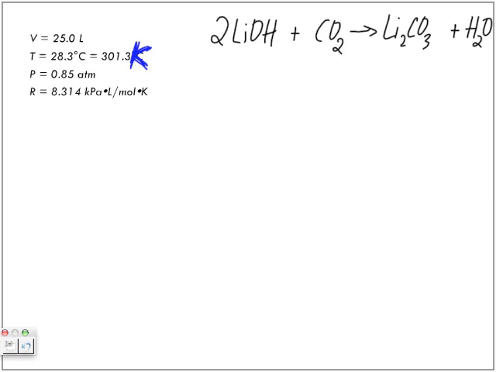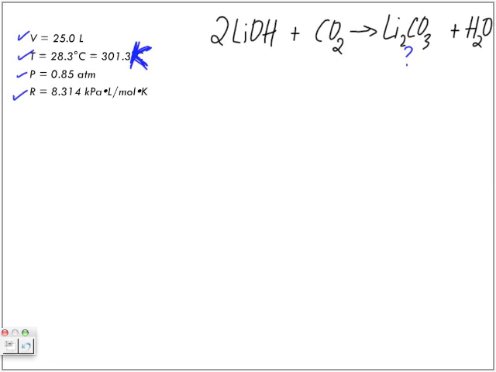So from this information that we've got, we are asked to find the mass of lithium carbonate. So that's the bit of information that we're being asked to find. Now, with the units that we're given, we've got pressure, we've got volume, we've got R, and temperature.